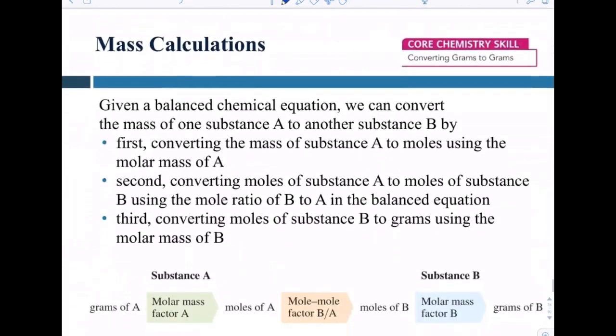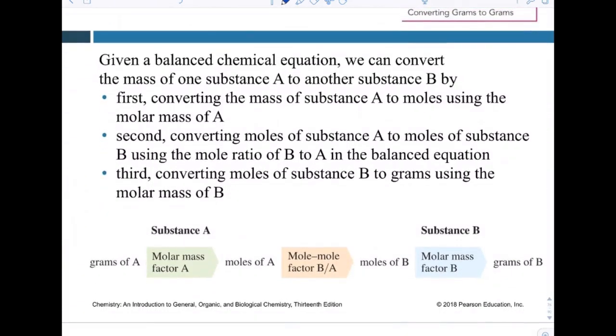Now, your textbook is going to give you this kind of step-by-step. I don't think necessarily that memorizing a step-by-step is going to be helpful to you because you're going to have questions where sometimes you're going to use molar mass and sometimes you're not. And in future chapters, I may give you a different conversion to use instead of that. So have your options open when you get into moles.